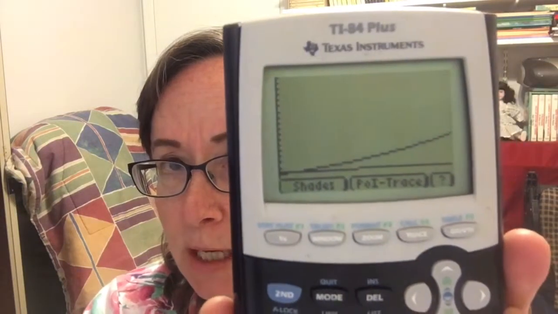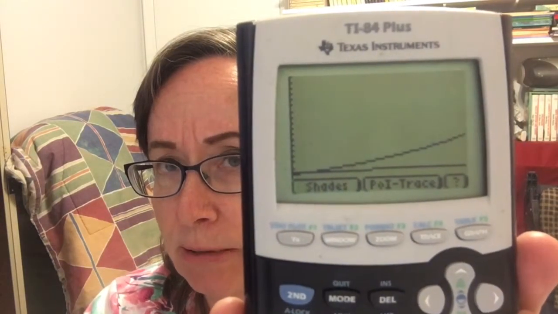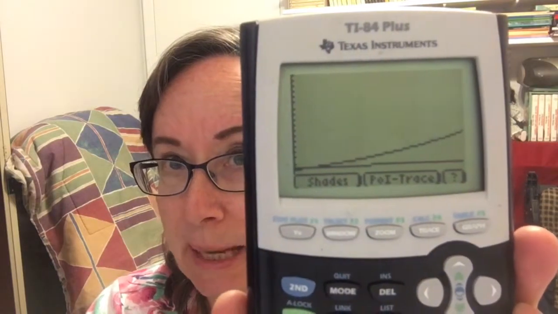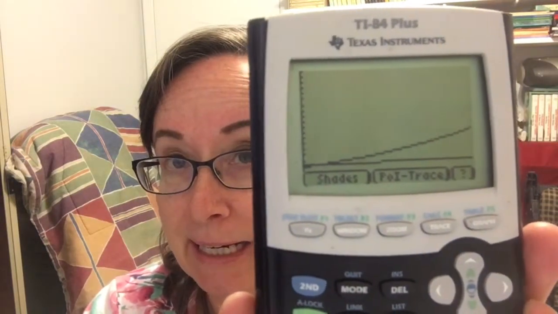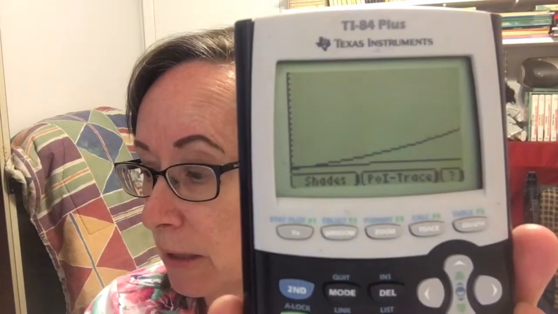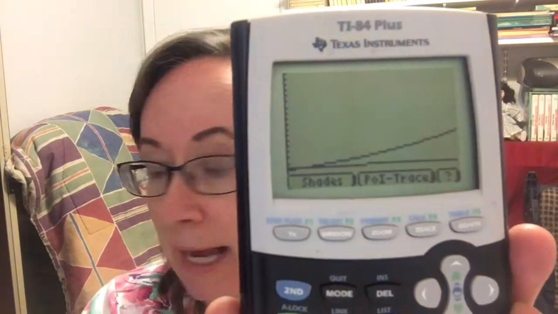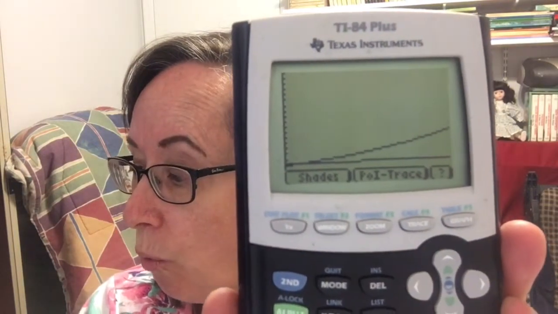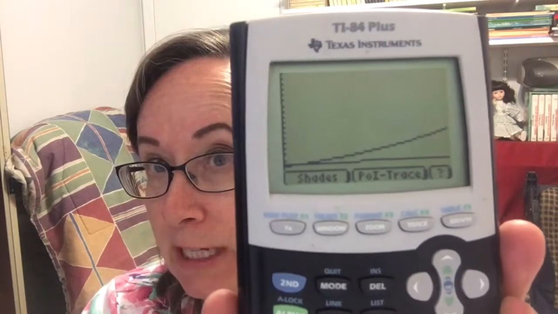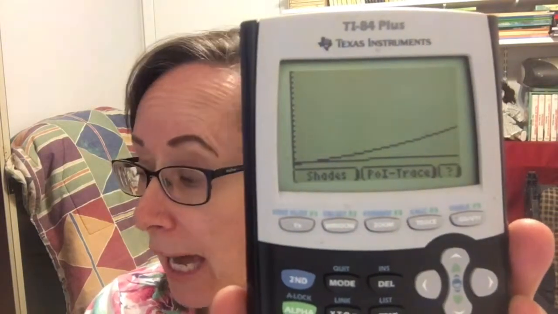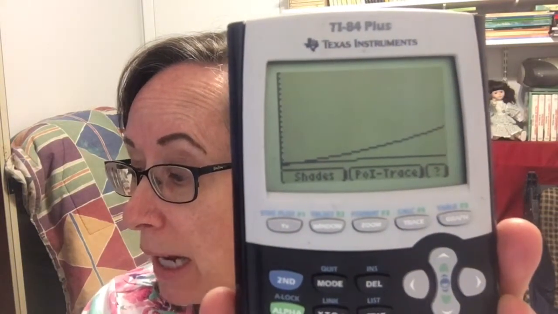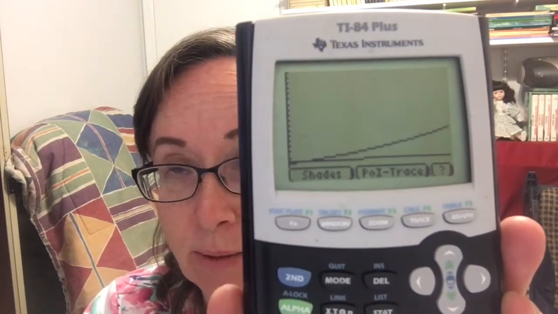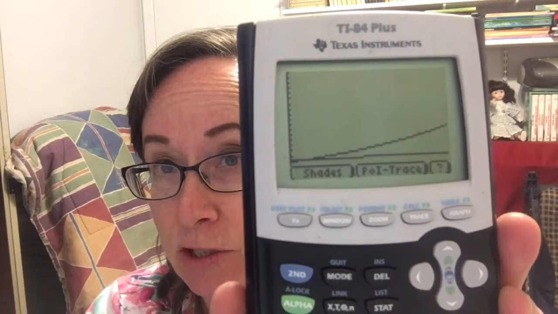So my window was 0 to 100, 0 to 100 with steps by 5. And I got a graph that looks reasonable. Okay, so now they're asking me what would be the population, which would be the output, the y, when my two populations were equal. So I have to find the point of intersection between these two graphs.